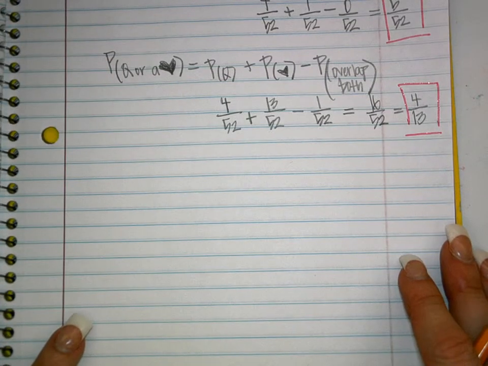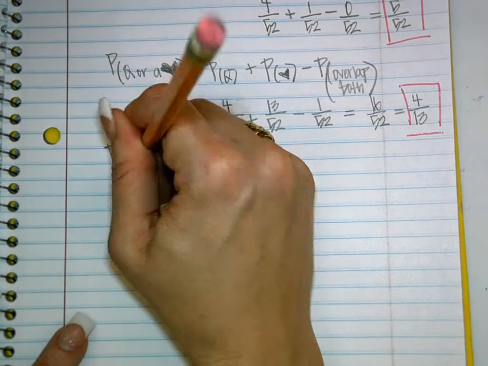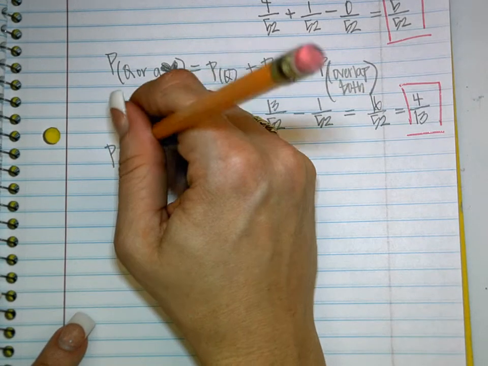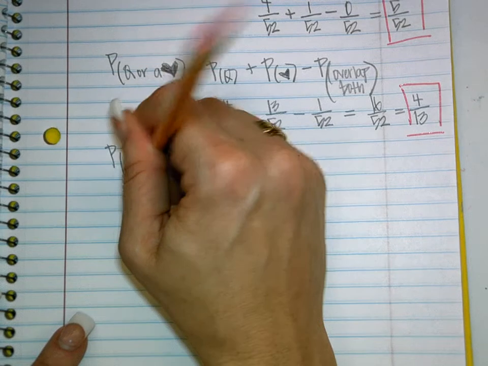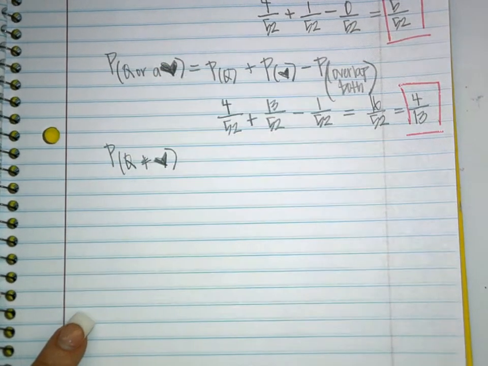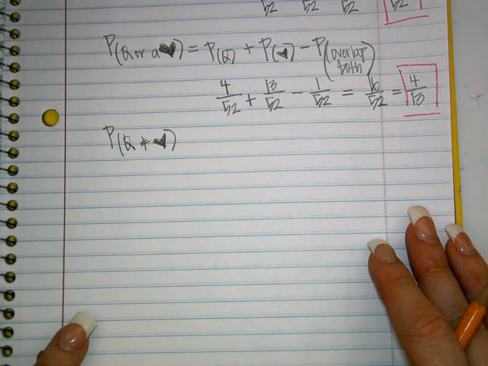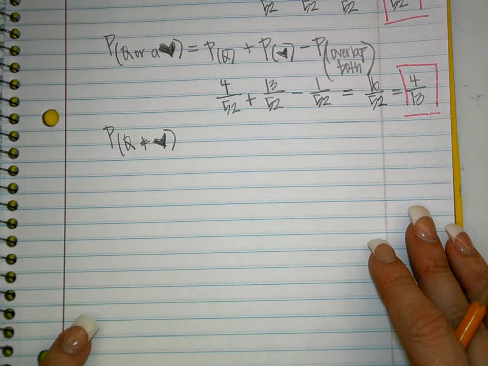Now find the probability of picking a queen and a heart. What's the probability of something being a queen and a heart? How would you figure that out?